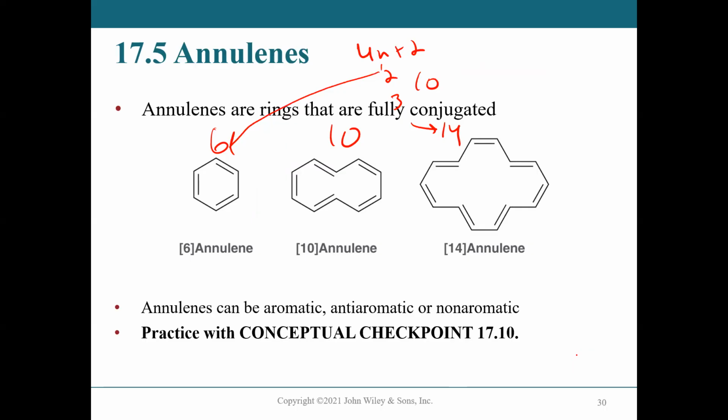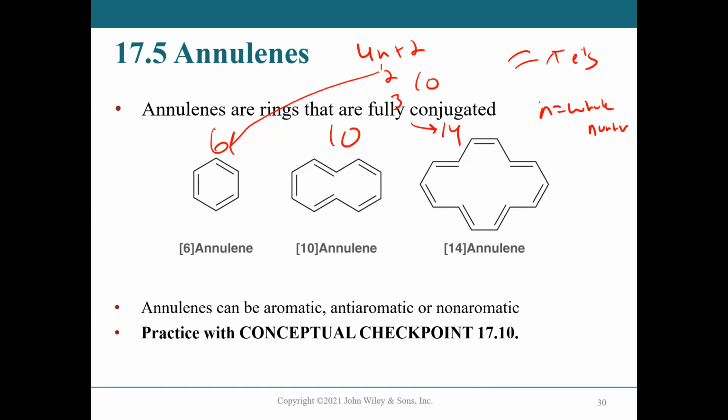And the question is, n in Huckel's rule just refers to any whole number. So n just represents any whole number. We're just trying to figure out how many pi electrons there are, and n is just a whole number. That's all it is.